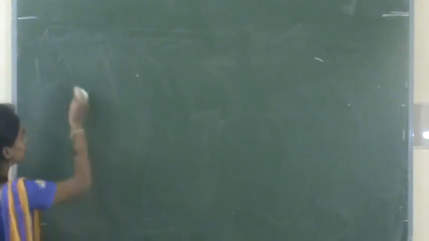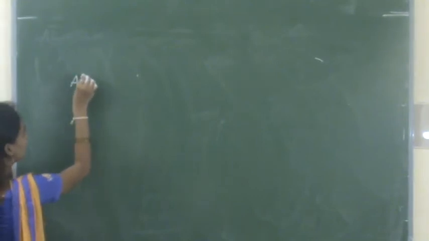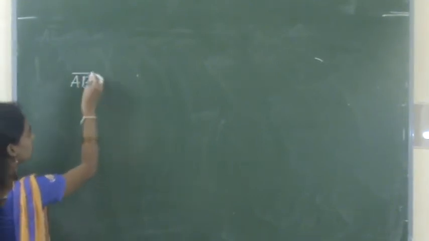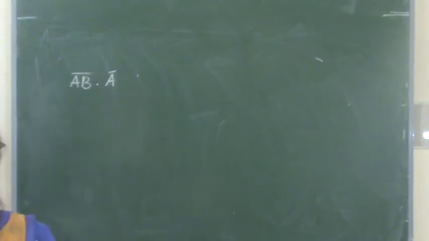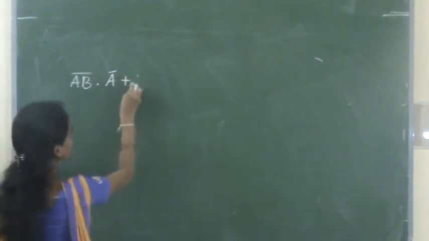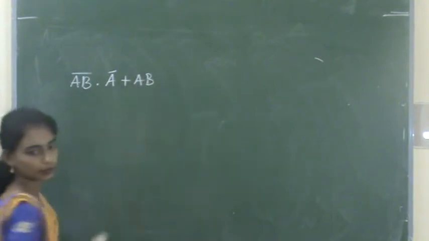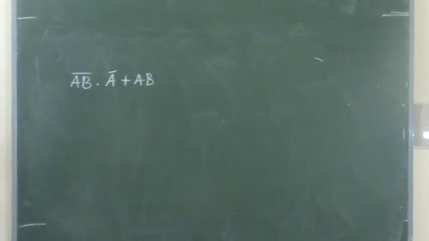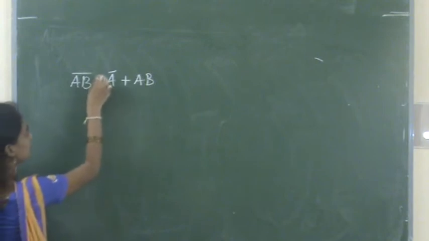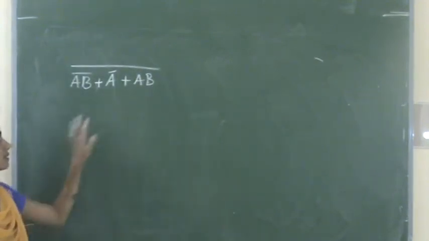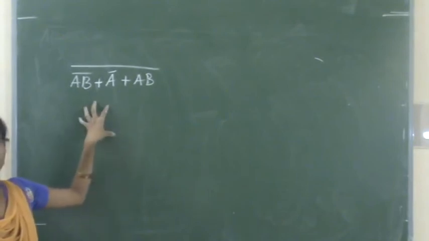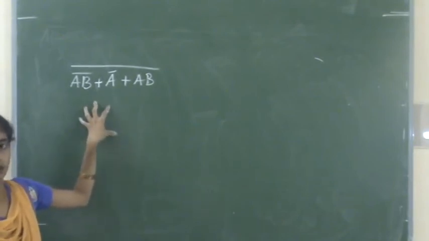So now consider one expression: a bar b whole bar, a bar, and then plus ab. We need to simplify this Boolean equation with the help of De Morgan's theorem.